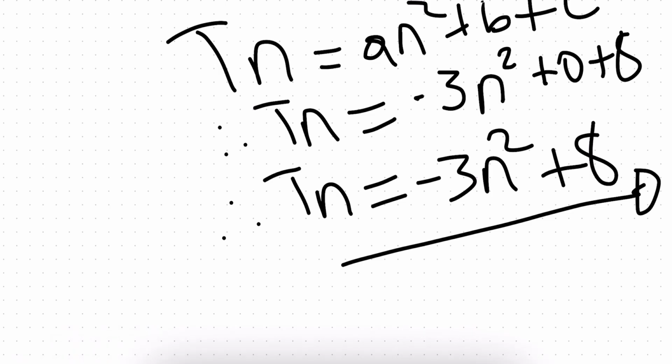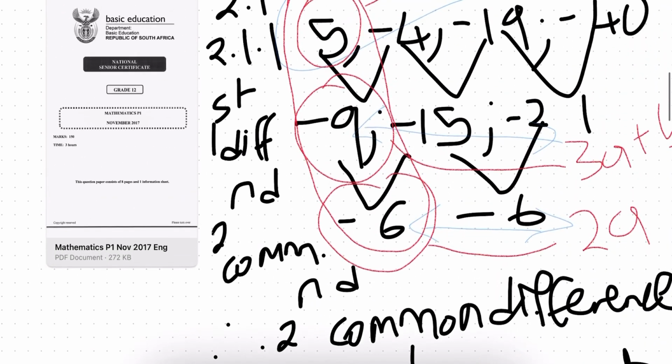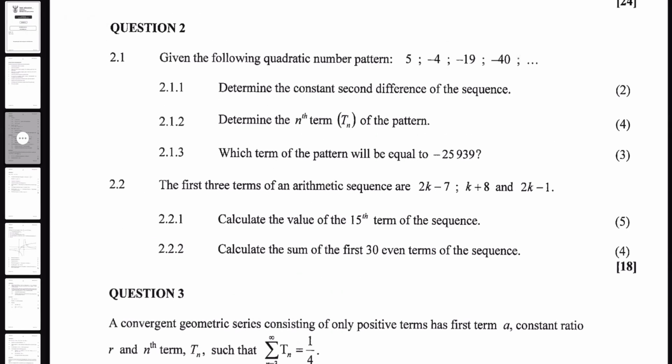Let's go back to the question paper and see what they asked us. Maybe they're going to ask something interesting. Okay, maybe this question is interesting. They're asking us to determine which term of the pattern will be equal to this. What are they asking?